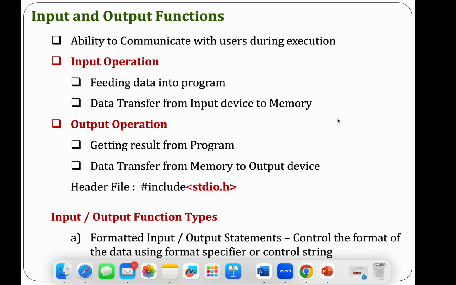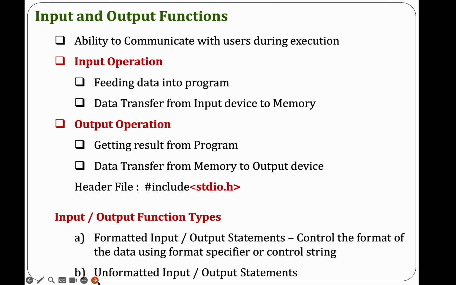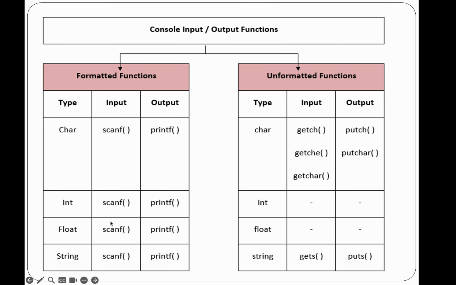Before getting to the example, I said there are two types: formatted functions and unformatted functions. We have discussed the data types: character, int, float, double, and sometimes long int, but don't bother about that.